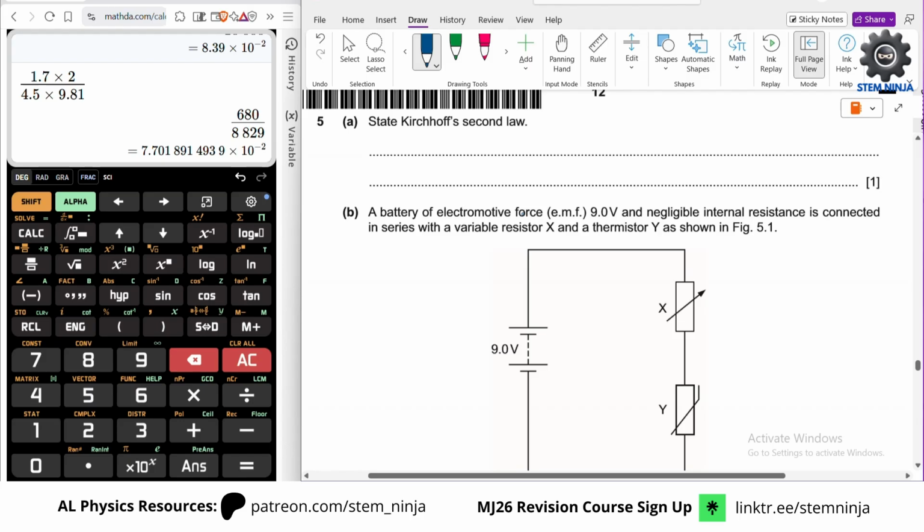Question number 5. State Kirchhoff's second law. It is straightforward.